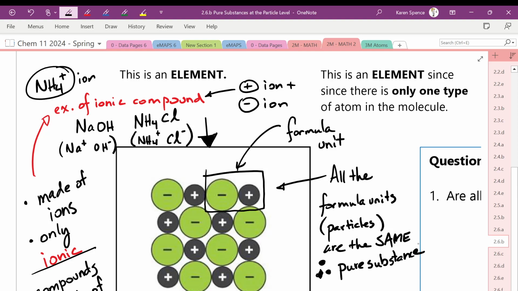How do you know it's a pure substance? Because all the formula units are the same. You have green negative and black positive. They're all identical. Some of them are facing opposite ways, but they are all identical.